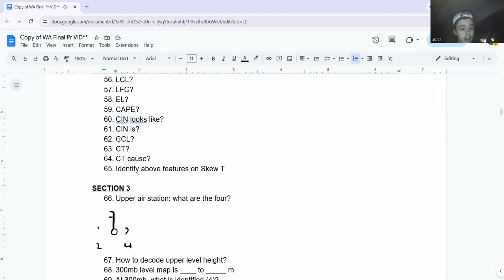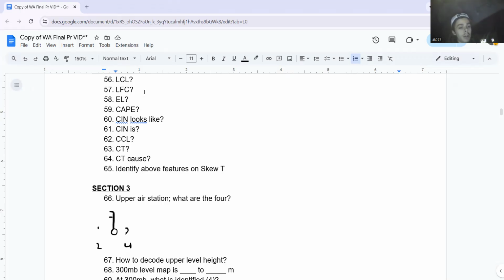All right, now let's talk about these freaking things. I realize that these are listed twice, but it's different ways of saying the same thing. You'll see what I mean later, but I'll still say it now. The LCL is the height where the air is saturated if a parcel is lifted adiabatically.